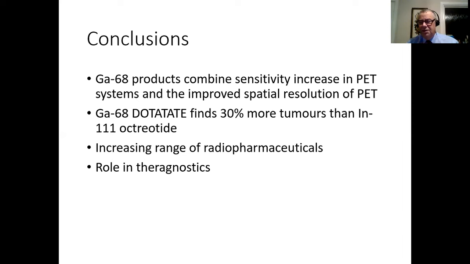Do you have a chemist that can use a generator? If not, then hopefully soon there's fluorinated and copper-based products that will become more widely available. And these all have a key role in diagnostics because you want the best chance of seeing the tumor, because that gives you the best prediction of response.